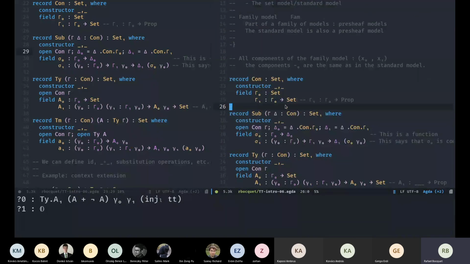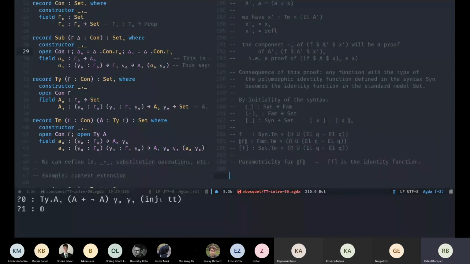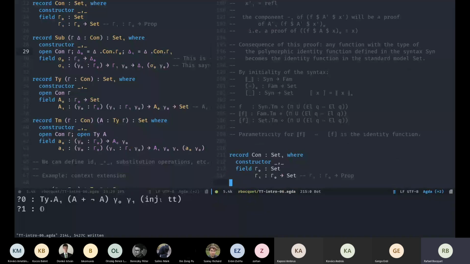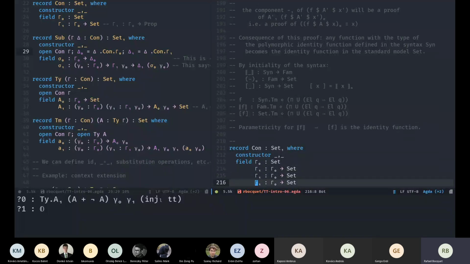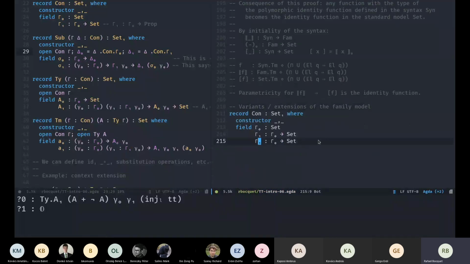So maybe you can look at some simple variants of the family model. One way is to add more dependencies.